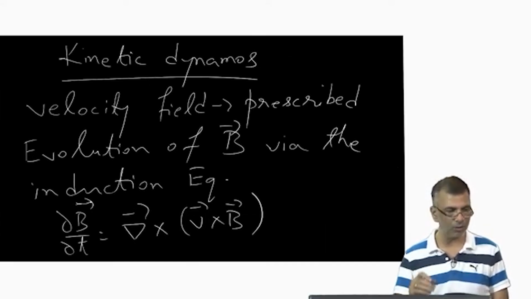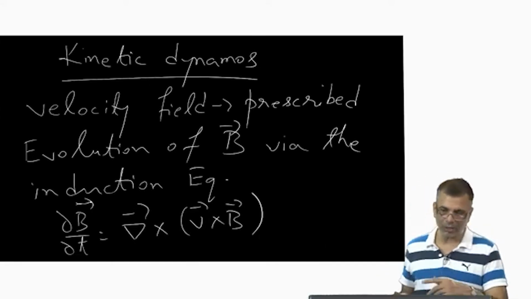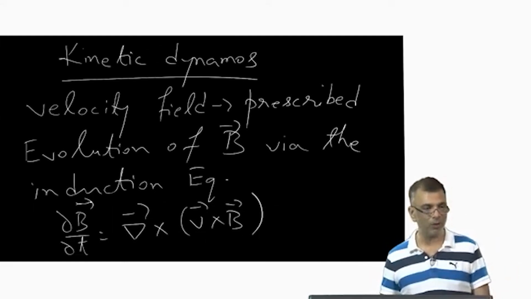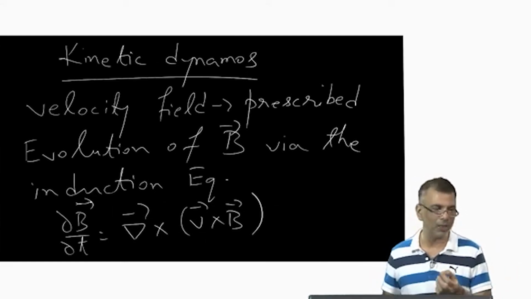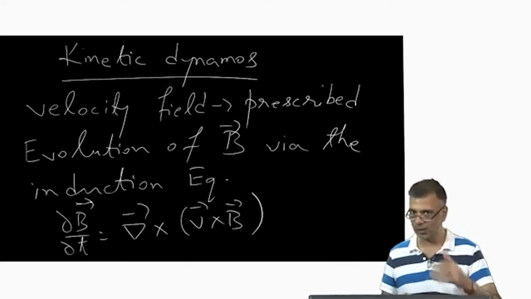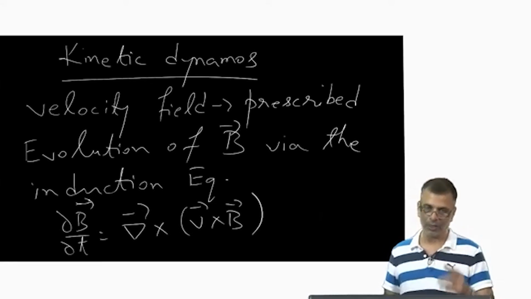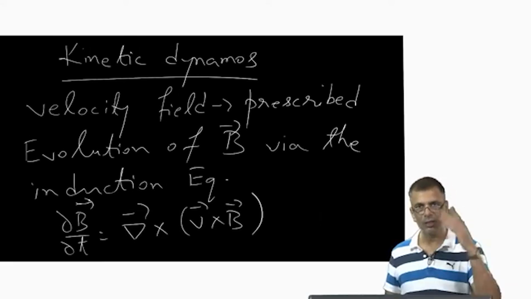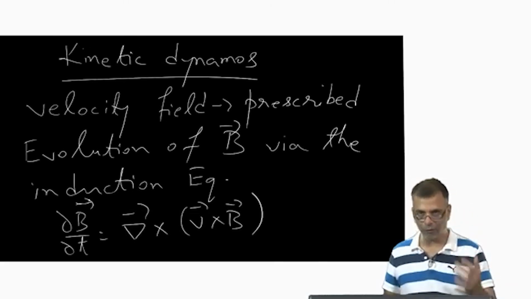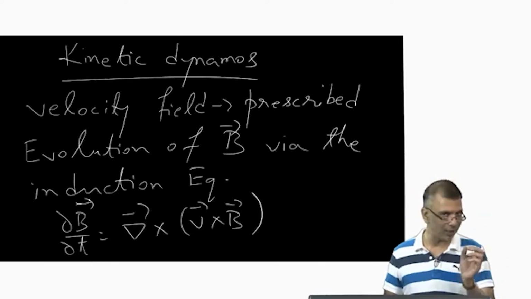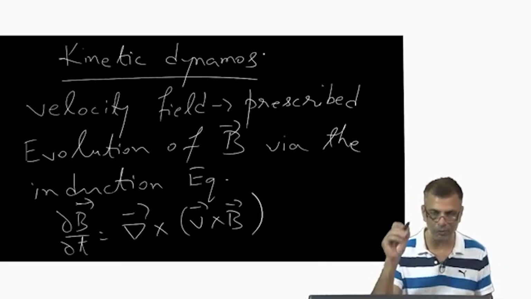Now, the two things about any dynamo: you should show that the presence of a small seed magnetic field renders the system of equations unstable, so that the seed fields grow, because we are interested in knowing the origin of large scale relatively stable magnetic fields. That is really the problem of a dynamo.